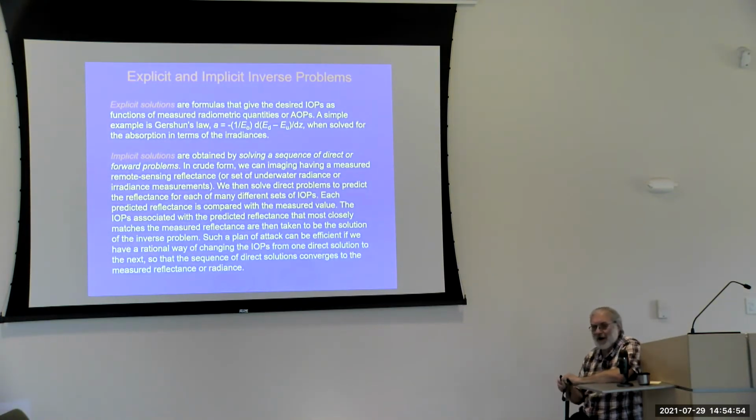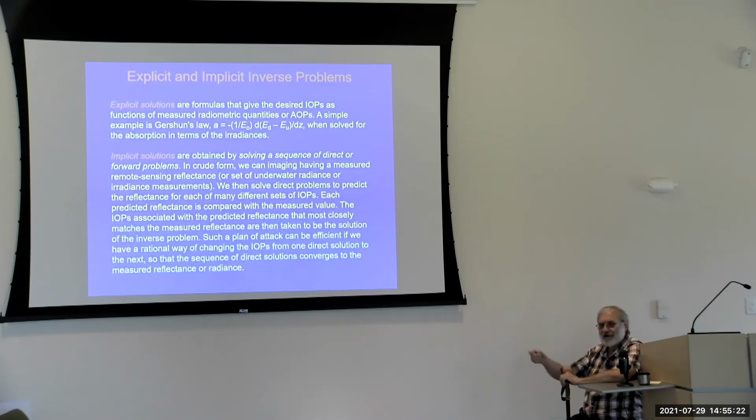An implicit model means you solve a forward model a lot of times and hope that, so let's say you run HydroLight, you guess the absorption and scattering of the chlorophyll or the bottom depth or whatever. You run HydroLight, you predict remote sensing reflectance. Well, that's too big. So you go back, tweak the inputs and do another run. Well, now the remote sensing reflectance is too small.